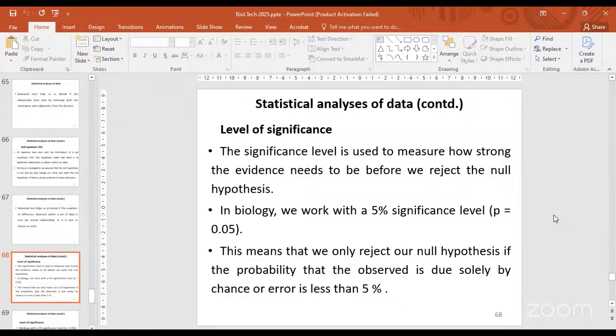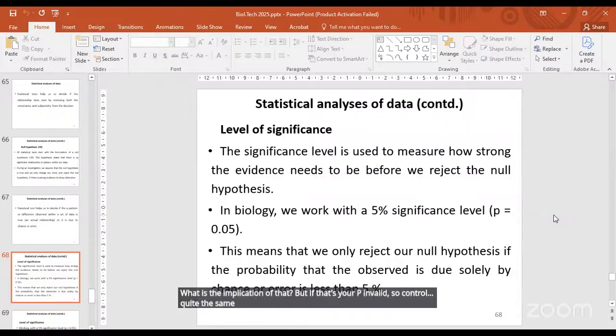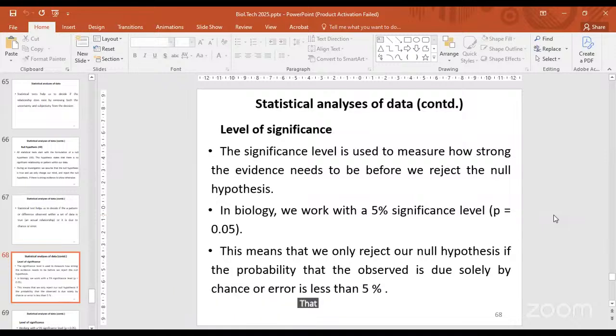What is the implication of that? When you set your P value at 0.05, you are saying that the chances that what you find, what you discovered, what you observe, is due to an error are just 5%.